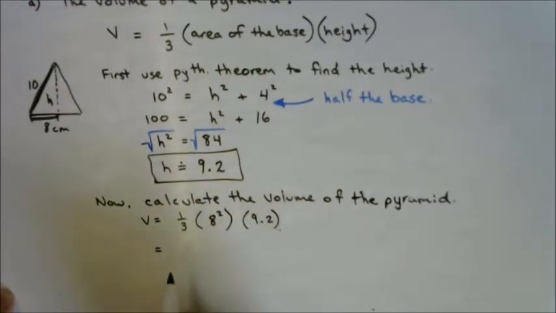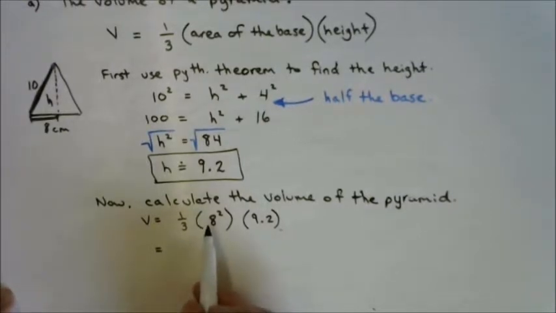So 64 times 9.2. You could do this all in your calculator: 8 squared is 64, times 9.2. How would you do this times 1/3? Divide by 3. Nice.